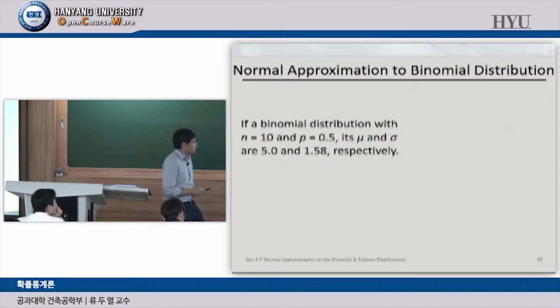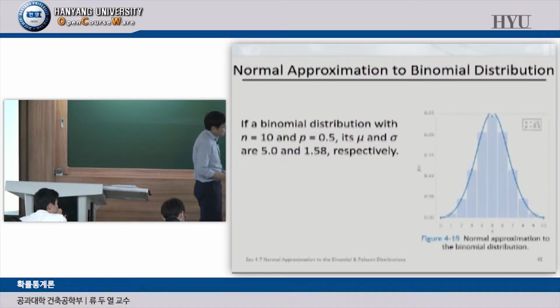Consider a binomial distribution with n equal to 10 and p equal to 0.5. Its mu and sigma are 5.0 and 1.58 respectively, and we can draw this figure based on this assumption.